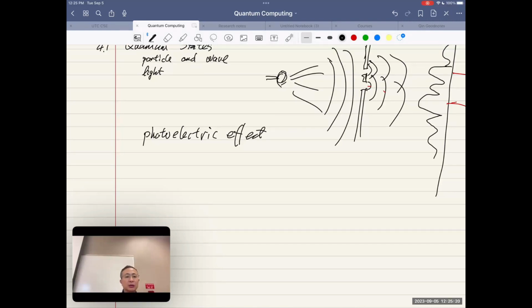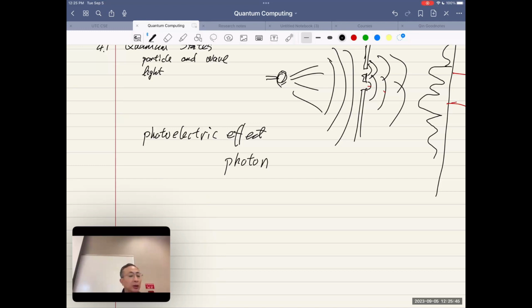So light is also a particle called a photon. And this is basically one of the basic concepts which leads to the quantum system.